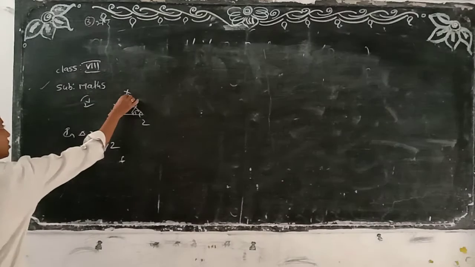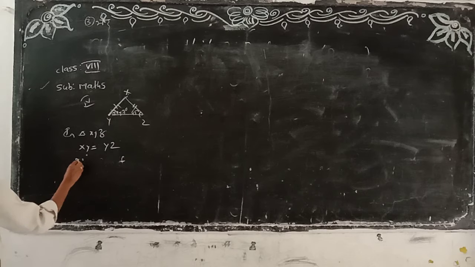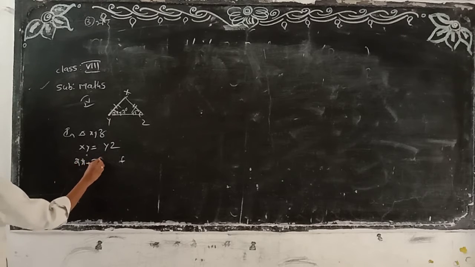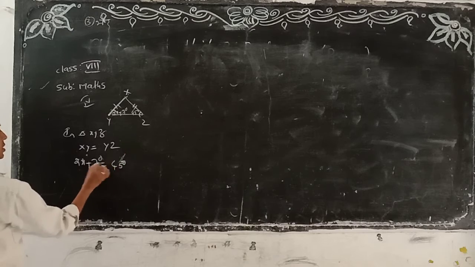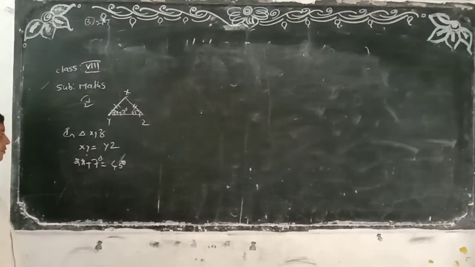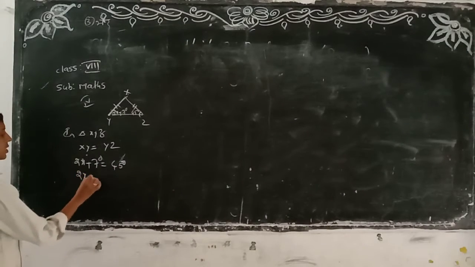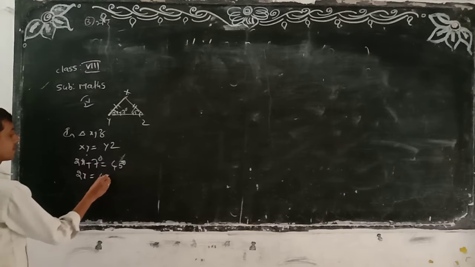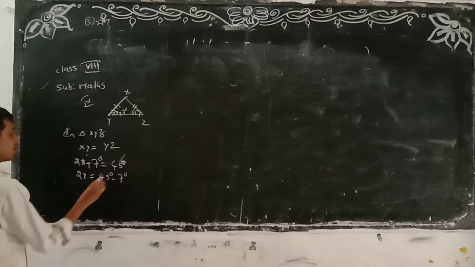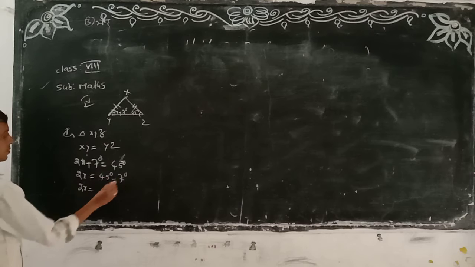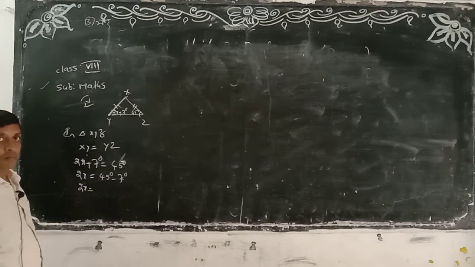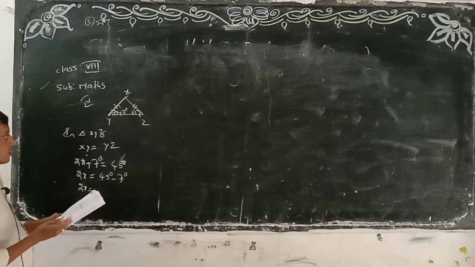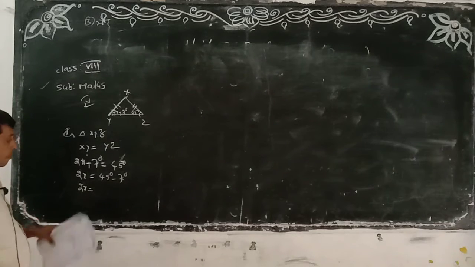What is the XY value? 2x plus 7 is equal to 45. 2x is equal to 45 minus 7. How much is 45 minus 7? 38.